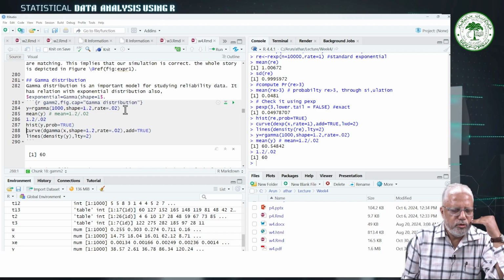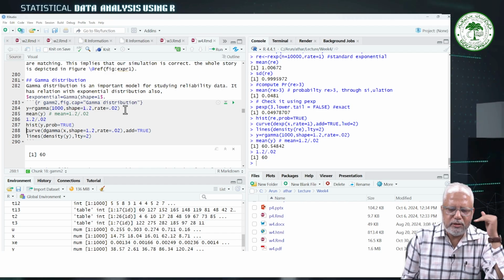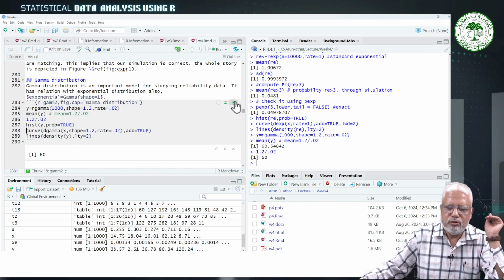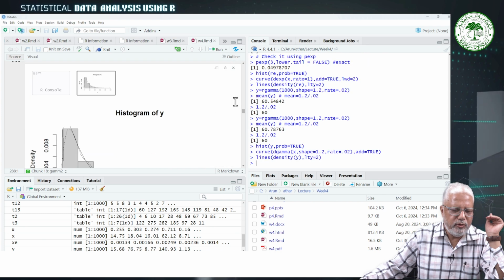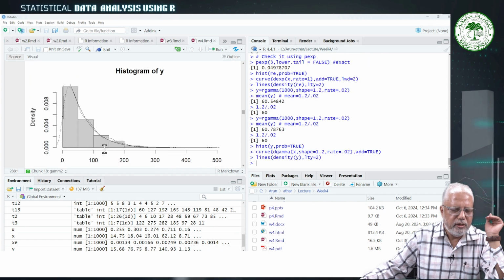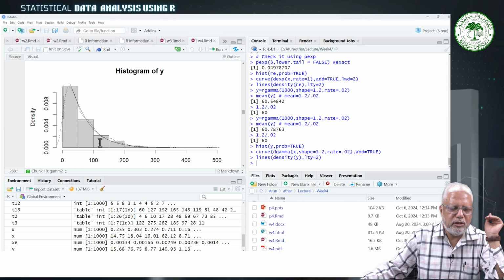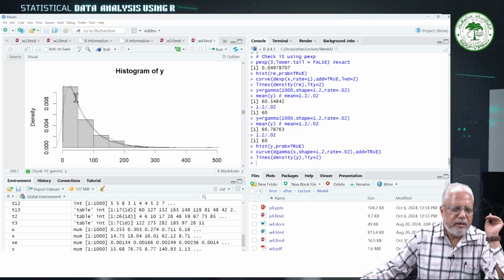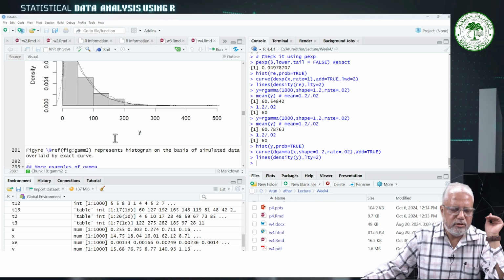LTY is equal to 2 means it is actually a dashed line which is added on this. So, if we run this chunk, we are getting this. This is the exact density curve of gamma, and this is on the basis of non-parametric density estimation.